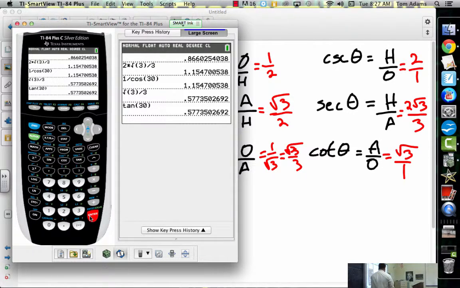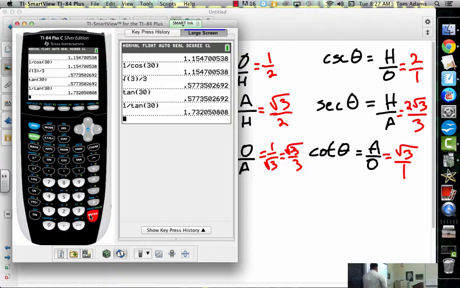Then we say cotangent will be the reciprocal of that, which is root 3, which is 1.73. So I'm going to say 1 divided by, oops, no, I want a tangent. 1 divided by tangent of 30 degrees should be 1.73. Okay? Does that make sense to you guys?